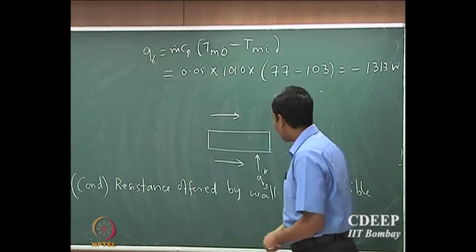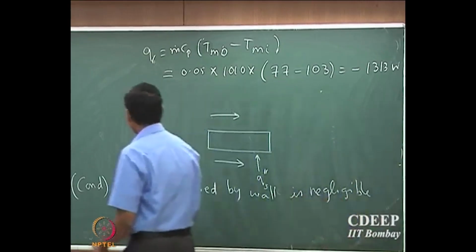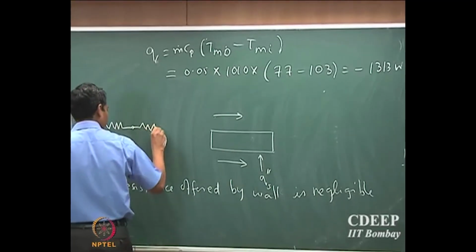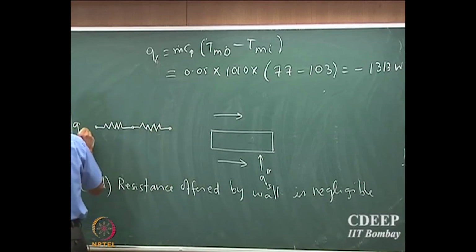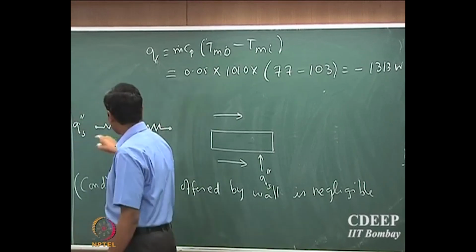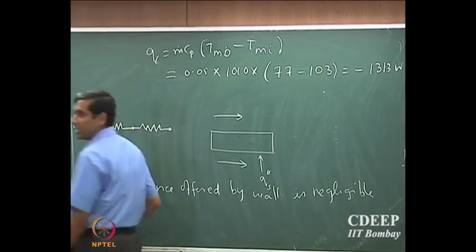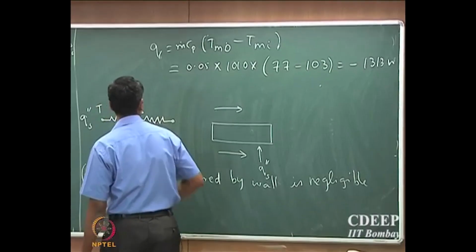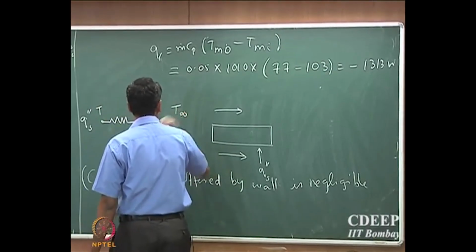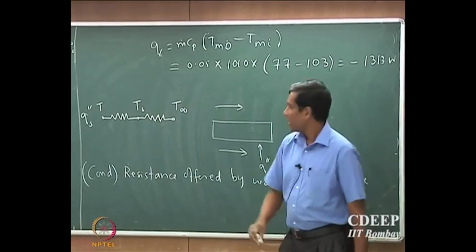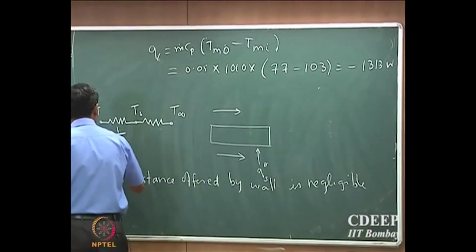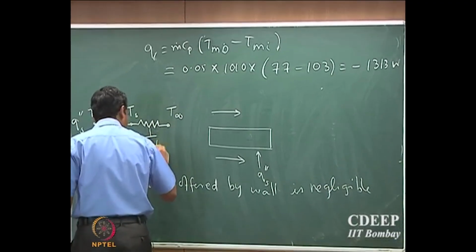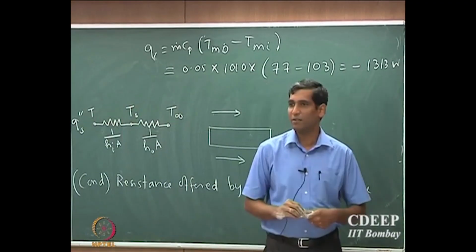So what I can simply do is construct a resistance network. This is the temperature inside the tube, this is the wall temperature, and this is the temperature of the fluid outside. This is 1 by h inside into A, and this is 1 by h outside into A. That is the resistance.